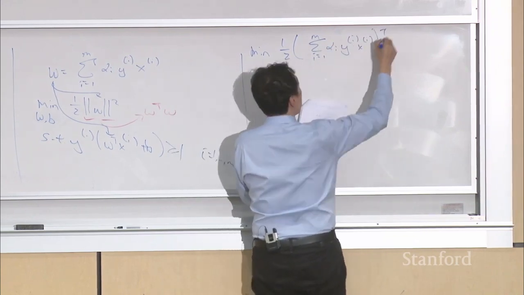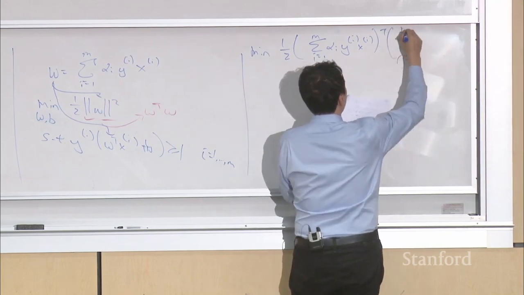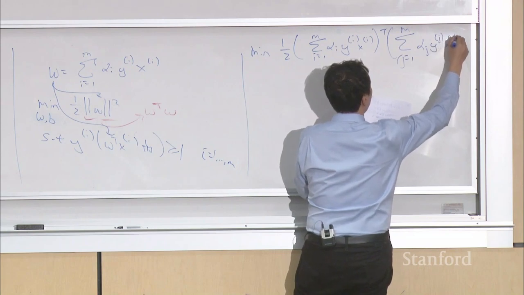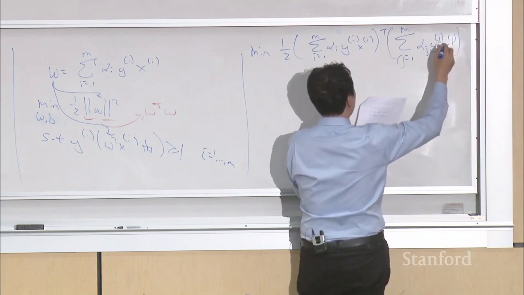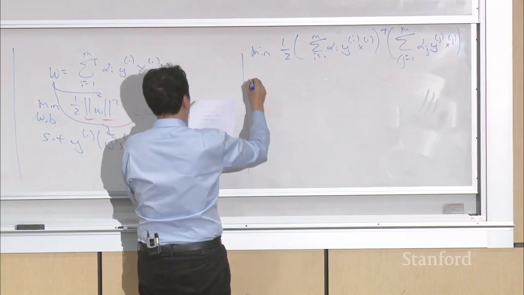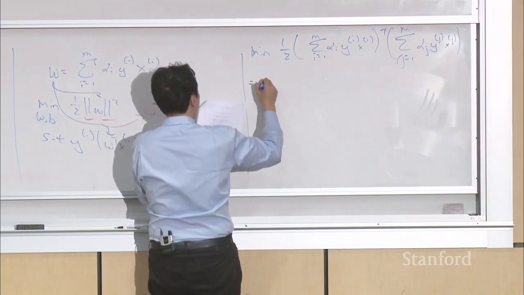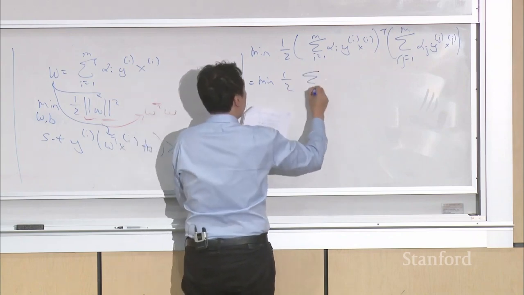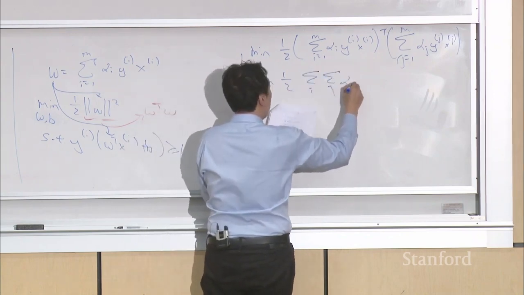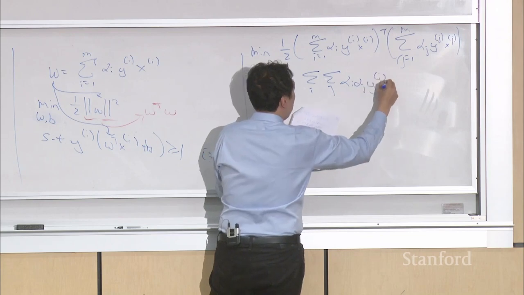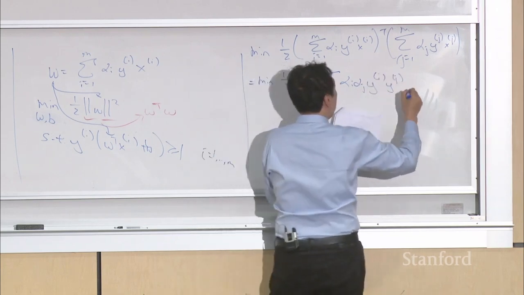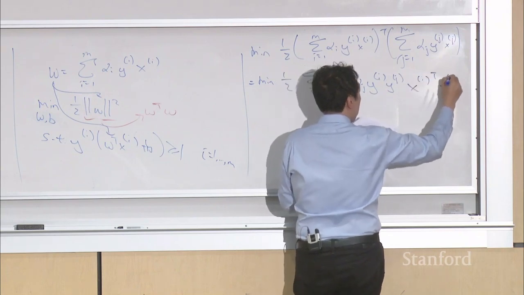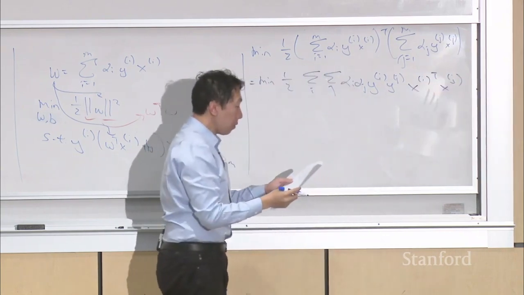So this is W transpose W, which is equal to, I guess, sum over i, sum over j, alpha i, alpha j, yi, yj, and then xi transpose xj, right?